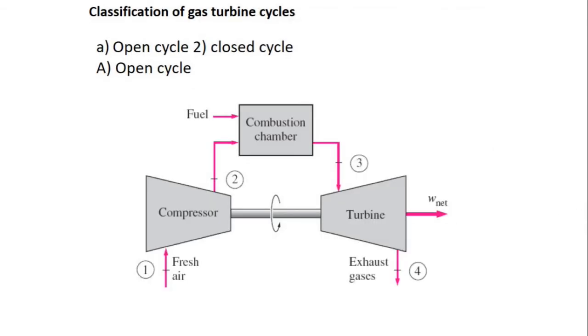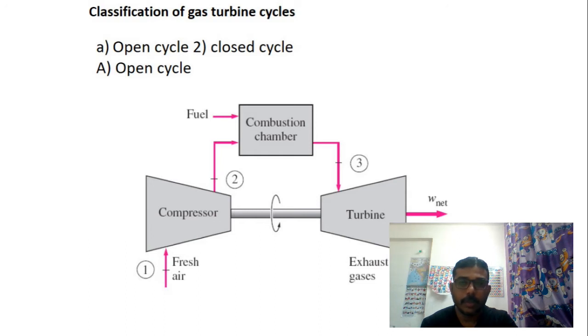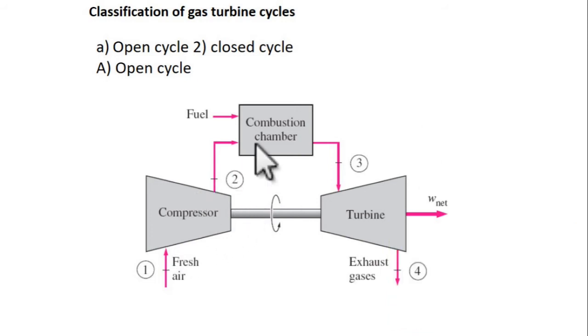We can see over here there are two types of the gas turbine cycle. So gas power plant works on the gas turbine cycle. There are two types, open cycle and closed cycle. In open cycle, there is a compressor, combustion chamber and turbine.